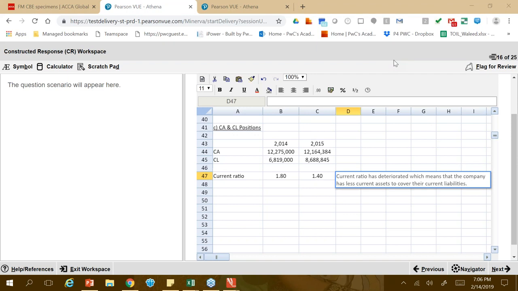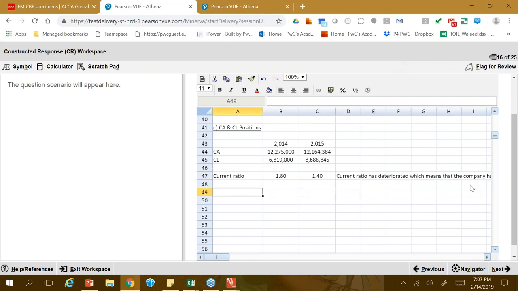Well done. Then at this point, we need to do some further analysis. I've done the comparison on my current assets and liabilities, but they also asked us to link this to the working capital financing. So what I can do here is a little calculation of the current liabilities percentage.